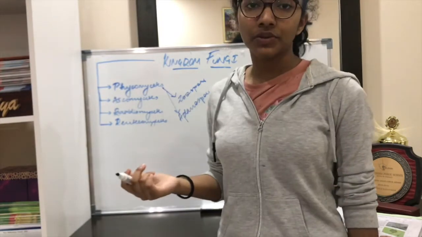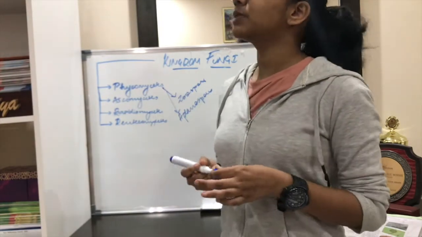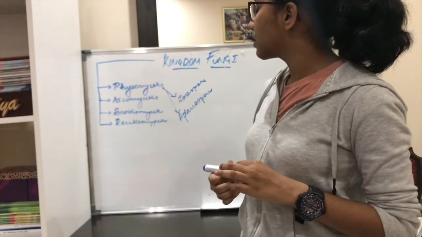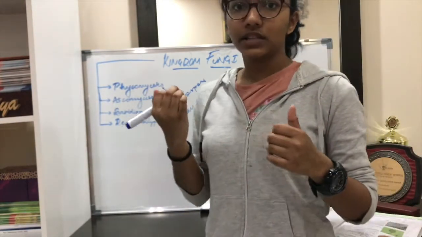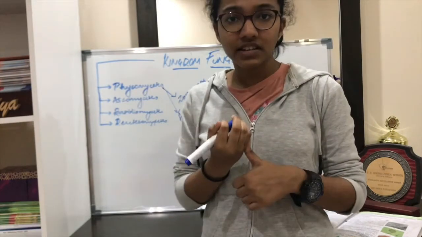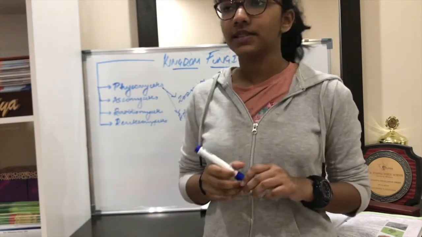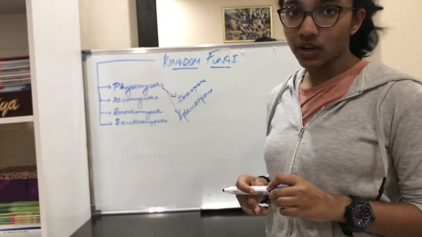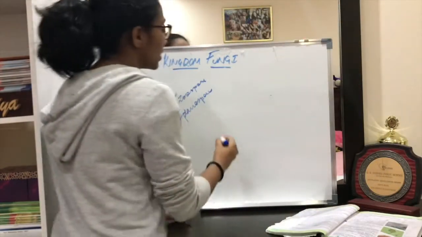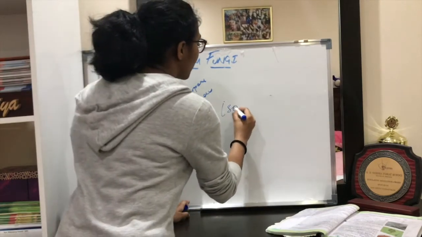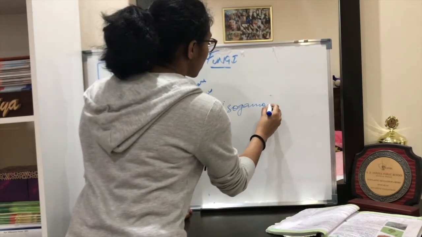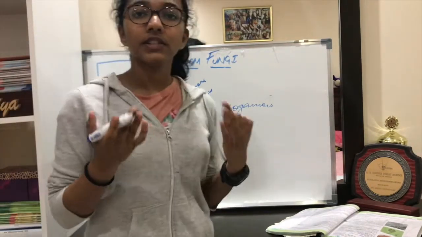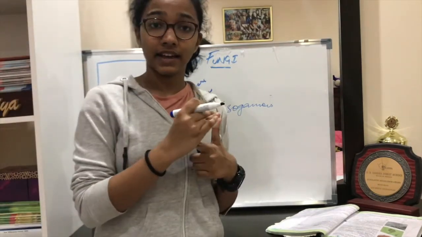Now coming to the sexual reproduction part, these spores can either be dissimilar in shape, similar in shape, or they can be oogamous. Dissimilar in shape is called anisogamous, similar in shape we call isogamous, and oogamous means, suppose you consider humans, we have a sperm and an egg.